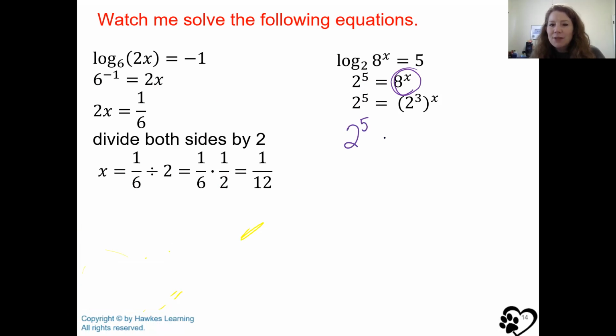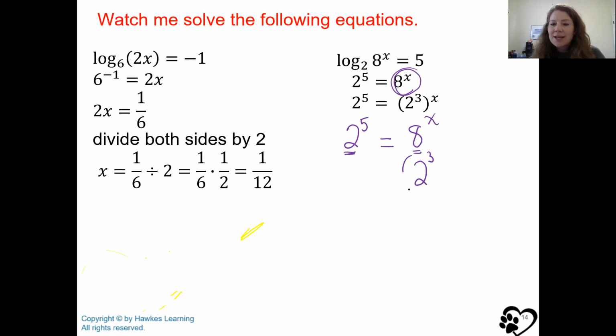So we have 2 to the 5th power is equal to 8 to the x. And when we talked about our exponent rules last week, we said one way we could drop this whole number is if we can make the bases equal. So think about, how do we write 8 as a power? Well, 2 to the 3rd power is 8.